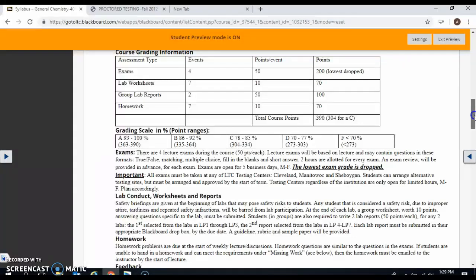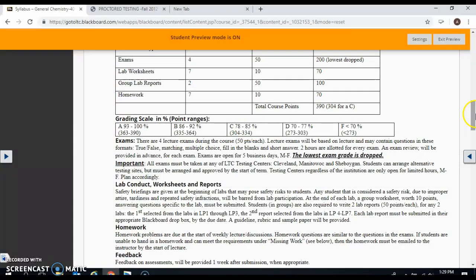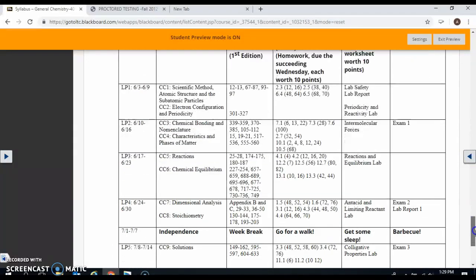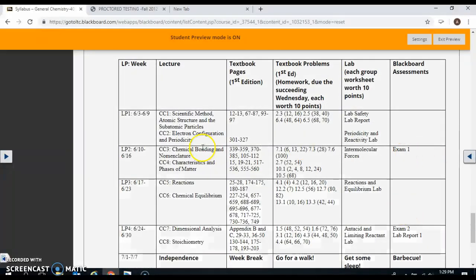All right. So again, I'm going to go back to the schedule. Exam 1 is going to be on the week of the 10th to the 16th. Obviously, the testing centers are not going to be open on the weekends. So hypothetically speaking, you will only have 5 days, Monday through Friday, to take that exam.